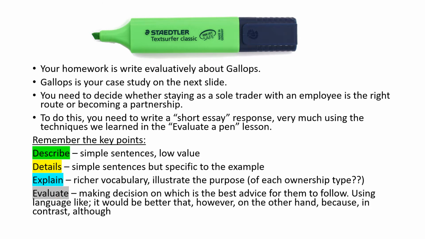You make some simple descriptions, you give details, the specific reference to the case study that you've been given, you explain with richer vocabulary, probably in this case the purpose of each ownership type and some good and bad points of each, and then you evaluate by actually making the decision, the recommendation, talking about what was good and what will be potential issues based on the decision you're giving them. So that's the approach you need for your homework.